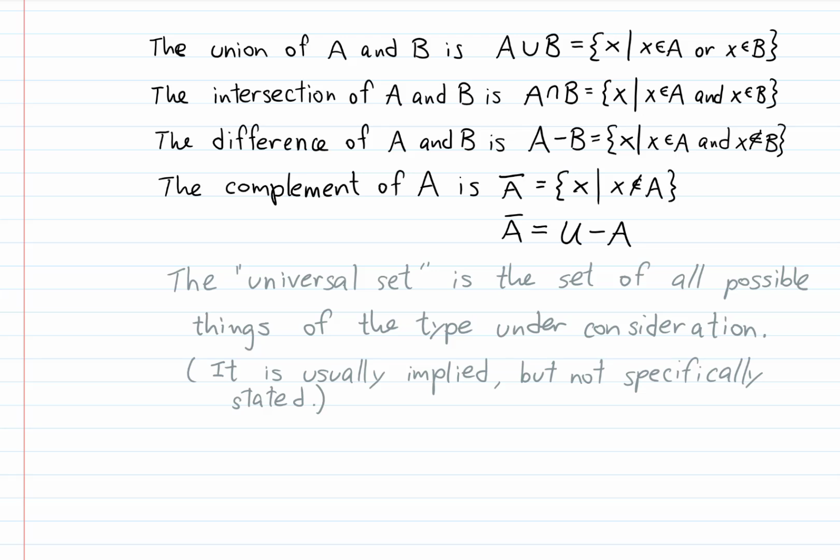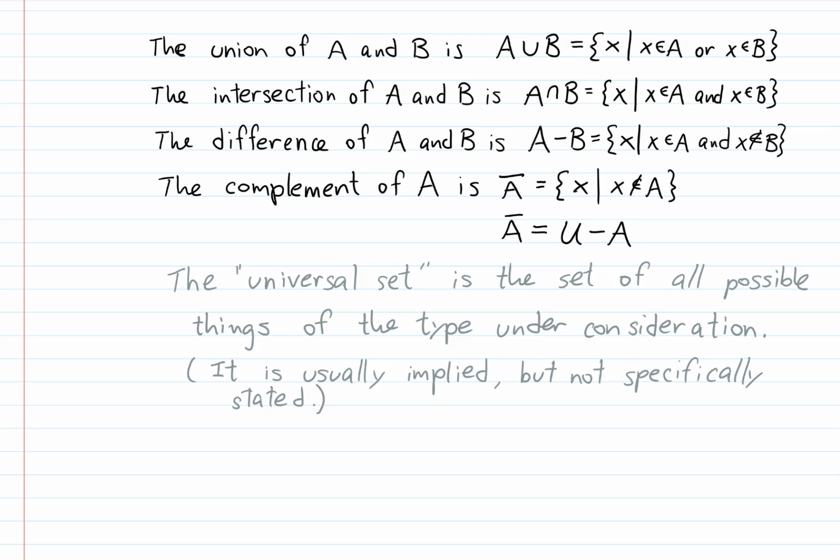I mean, are you just only considering real numbers, or are you considering complex numbers, or are you considering letters? You know what I mean? If A is the set of vowels, let's say, then you would say A complement is the set of consonants, right? But that's only assuming that your universal set is our English alphabet. You see what I'm saying?